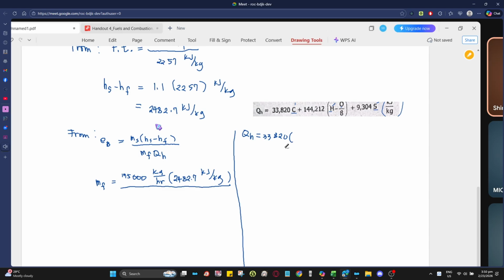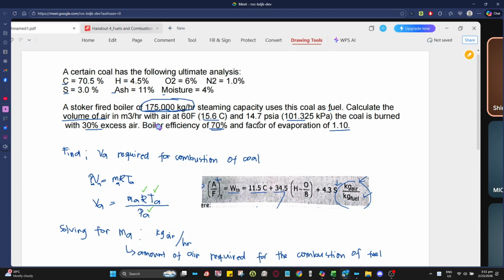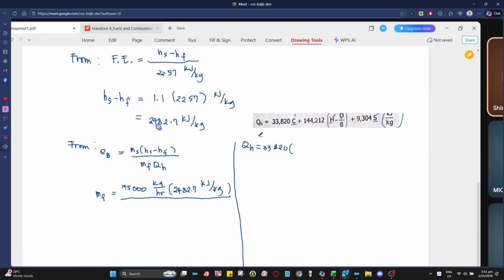Carbon is 70.5%, so times 0.705, plus 144,212.